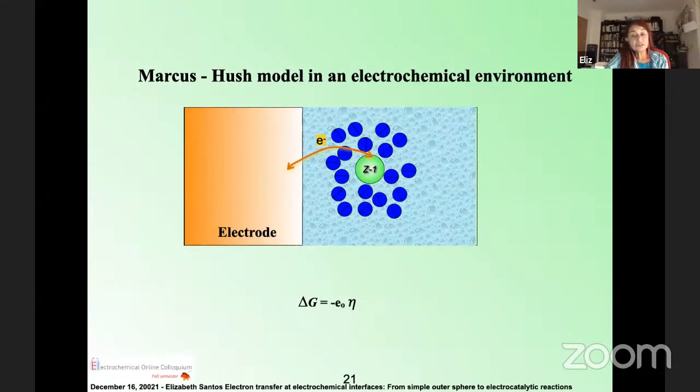What happens now? We are interested in an electrochemical interface. And then for the electron transfer here, we have to replace one of the redox couple by the electron. And here the overpotential also appears, so that instead of this free energy, it is related to the overpotential.